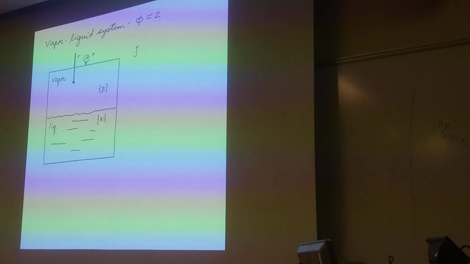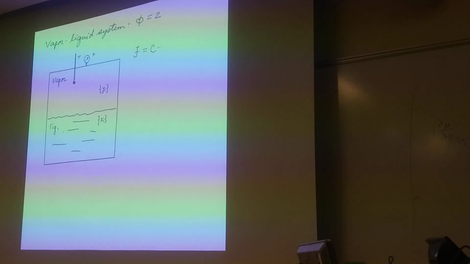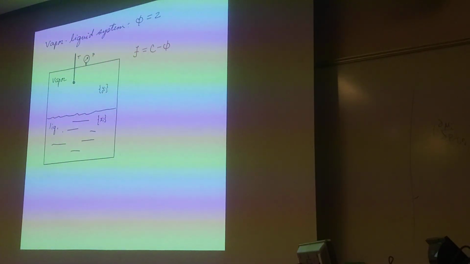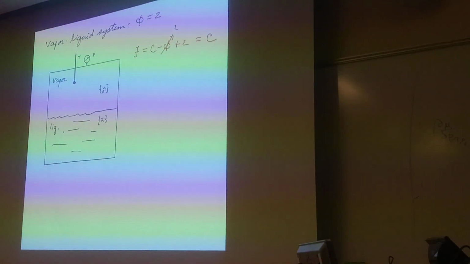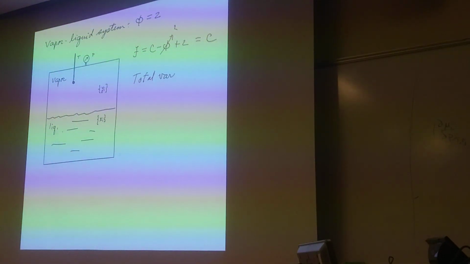So for this situation, we're going to have C minus phi plus 2, but phi is itself 2. So the variance here, or the number of free variables required, is just equal to the number of components that we have. If we look at the total variables that are used to describe the system, that's going to be what?